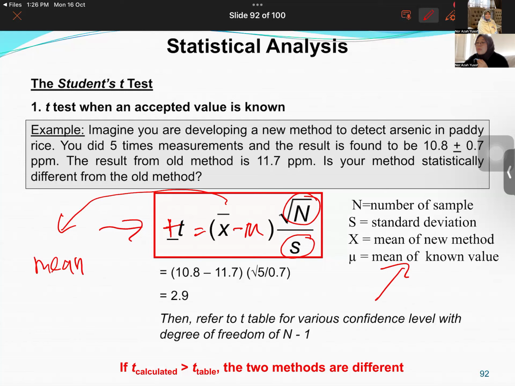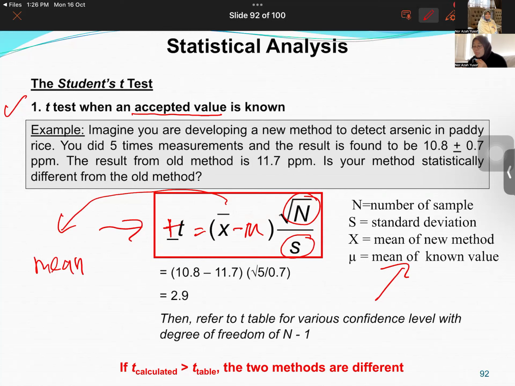So now this is the first t-test: the t-test when the true value or the accepted value is known. How do you know that? For example, you receive chemical reagents, and it is stated on the label of the bottle that it has a purity of 70%.